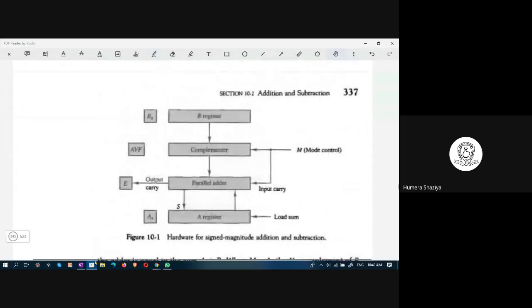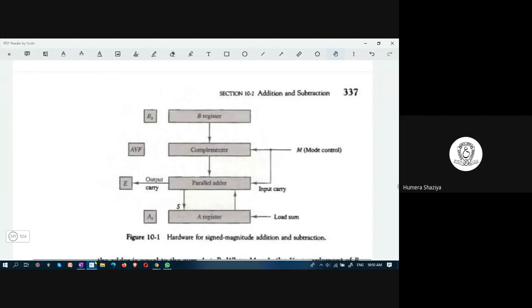Let us look at this hardware again. There is the A register to hold the A magnitude. There is a B register to hold the magnitude of B. There is AS to hold the sign bit of A, BS for the sign bit of B. E is storing the sign bit of output, meaning output carry.